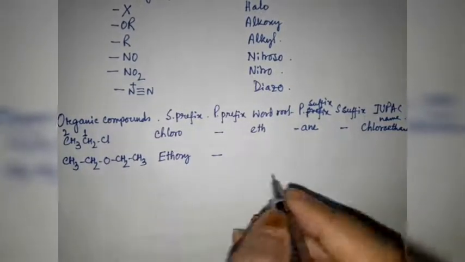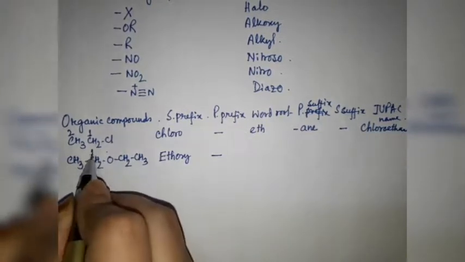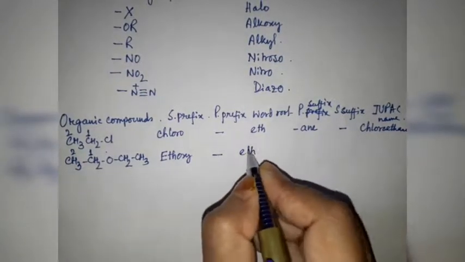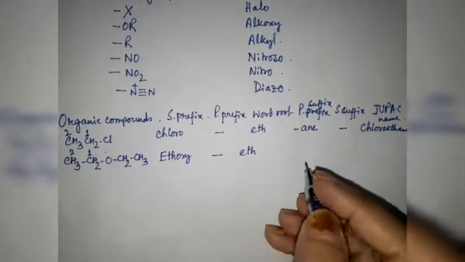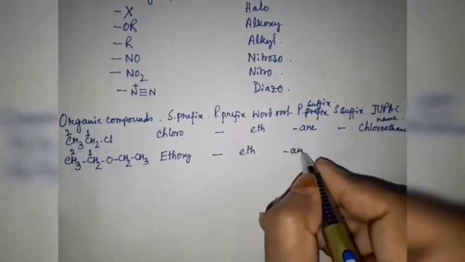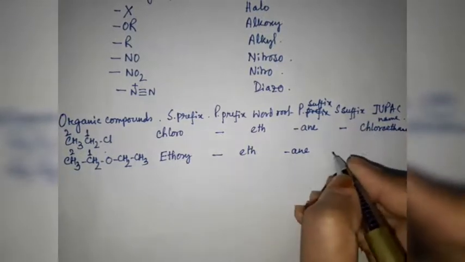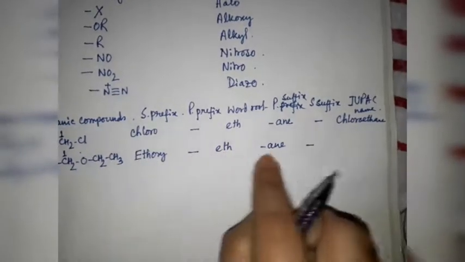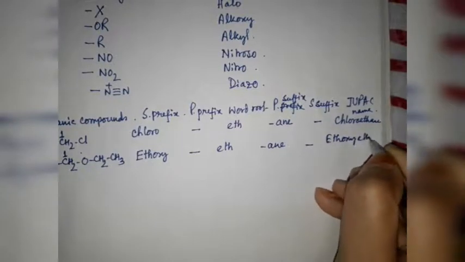Primary prefix is not here. Now if this is the parent chain and this is the substituent, 2 carbon atoms are there. So again eth, word root, and primary suffix we have to know. So this is ane, right, because this is saturated hydrocarbon. Then secondary suffix, functional group is not here. So this is ethoxyethane.